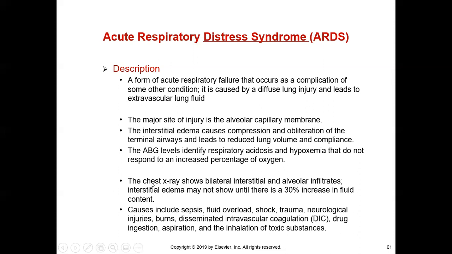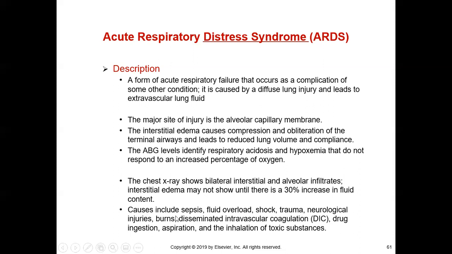Then we check the chest X-ray, which shows bilateral interstitial or alveolar infiltrate. Interstitial edema may not show until there is a 30% increase in fluid content.